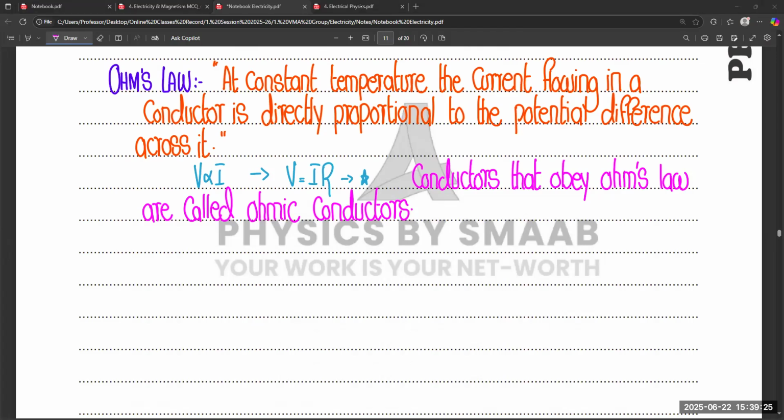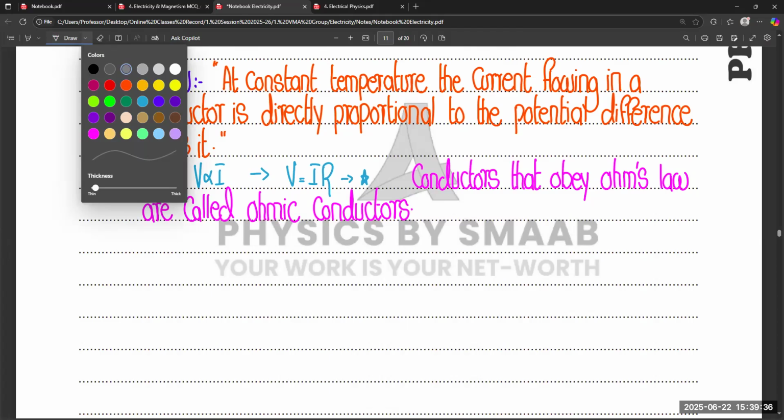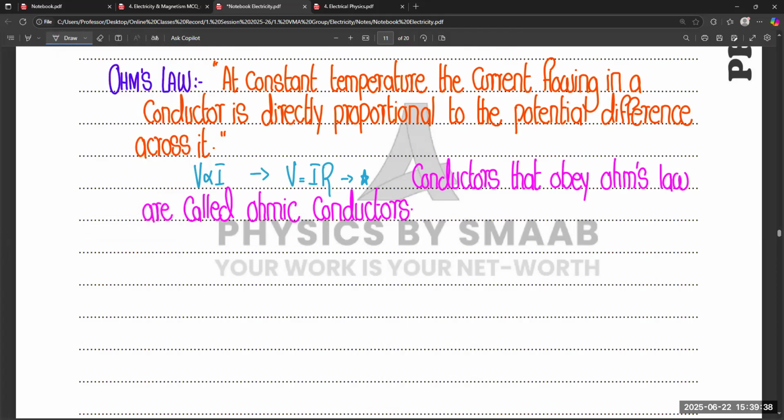And in an ohmic conductor, if we draw the graphical representation, or if they ask with the representation of the graph, you can also identify the ohmic conductor with the help of its graphical representation.